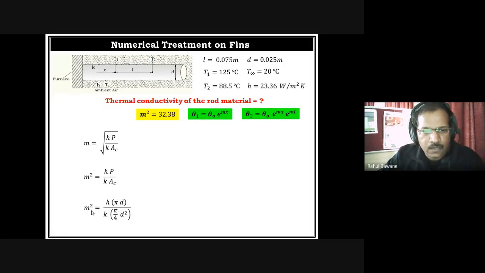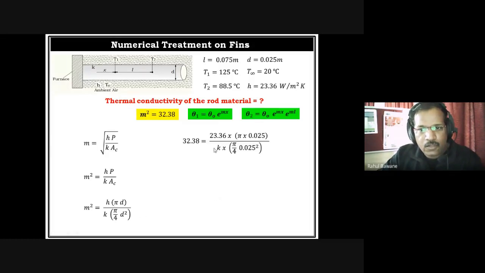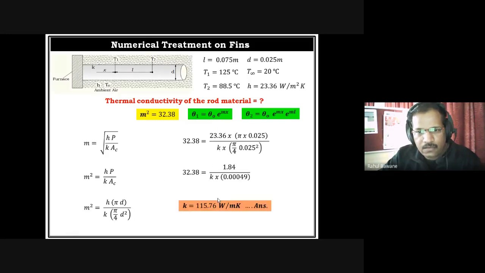Now put in the respective values: m square, h the convective coefficient given as 23.36, perimeter, it is circular so perimeter will be pi d, k thermal conductivity, cross sectional area pi by 4 d square. Now we have all the values except this k. Now calculate and reach the conclusion of the numerical value of k. So k will be 115.76 watt per meter Kelvin.